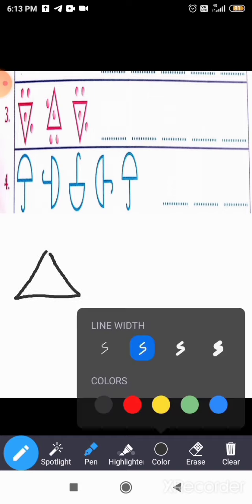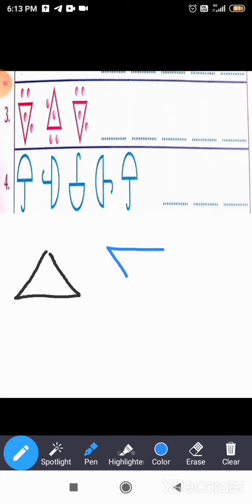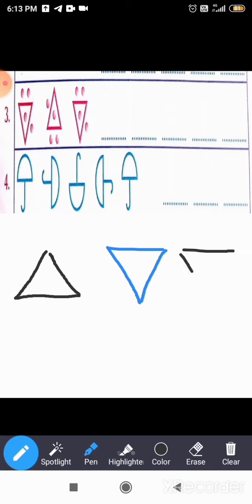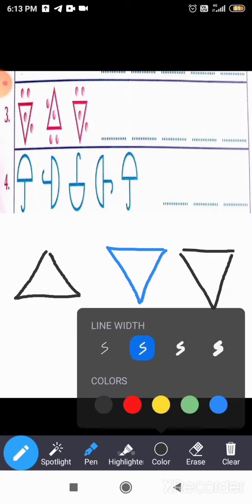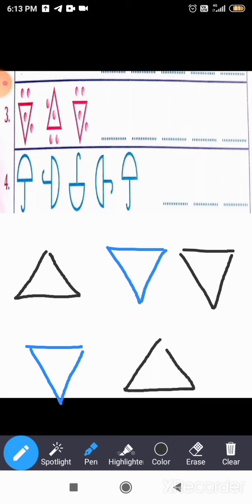After second, first triangle will come. Okay, so the first triangle is inverted. Now again second triangle will come. After this, first triangle will come. After this, again the second triangle will come. So total 5 triangles we have to find out, 5 position we have to find out. So I have made it.